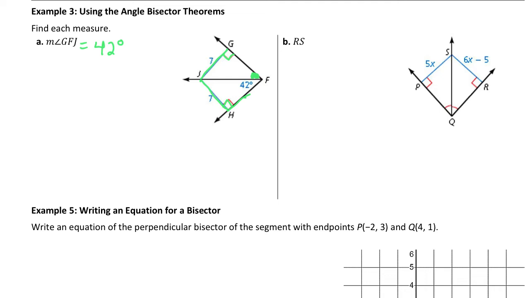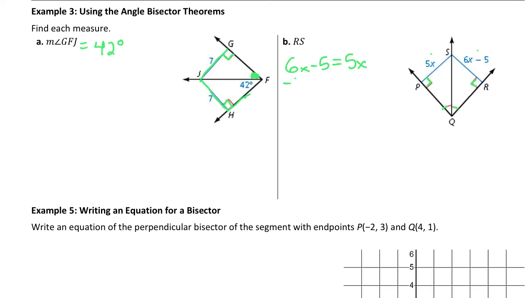RS, in this next example, is it an angle bisector? Yes, it is. Does it create two perpendiculars? Yes, it does. So that means that these two segments are the same length, meaning I can set the two expressions equal to each other. However you want to solve this is up to you.